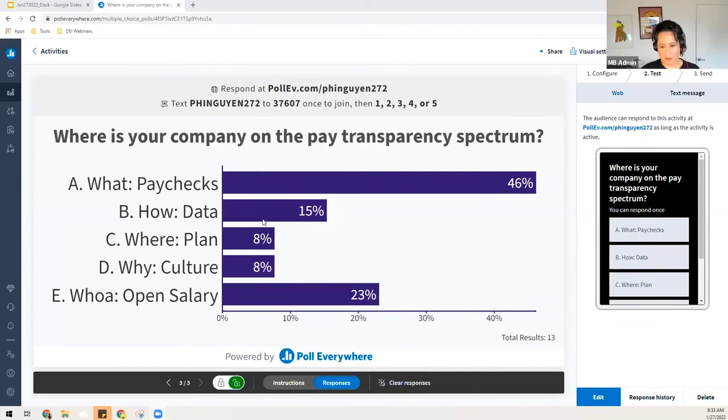I was wondering, what if we calculate the 15, 8, 8, and 23? Does that combat the 46? This is also really interesting. The full transparency, that's great.